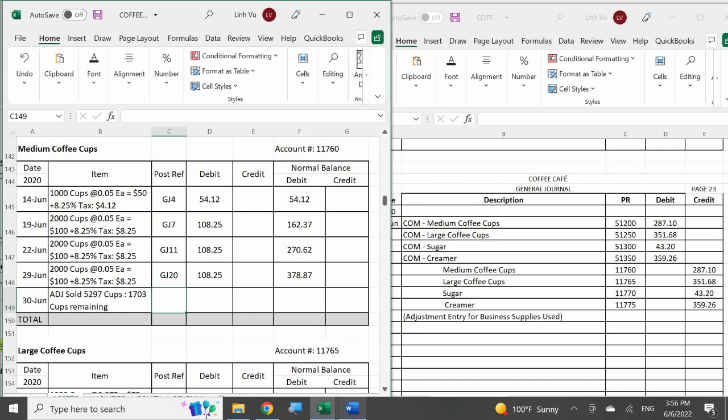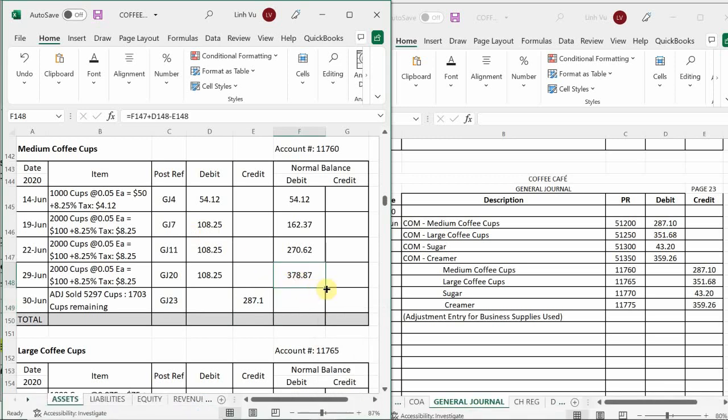That gives us an idea of whether we need to make a purchase of some more cups, or that should be enough for the very first of the next month, July. We're on the 23rd here, and we're going to credit the account for $287.10. Okay, and that's going to bring your account balance down to $91.77.